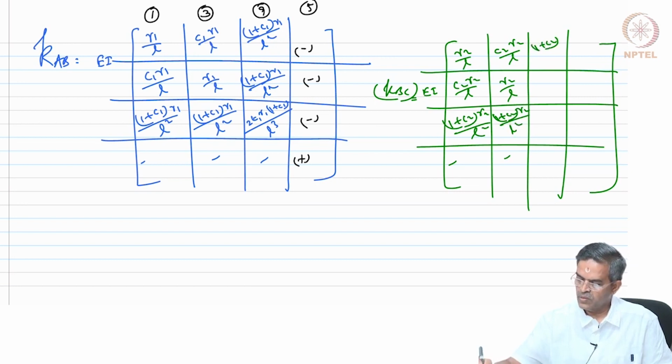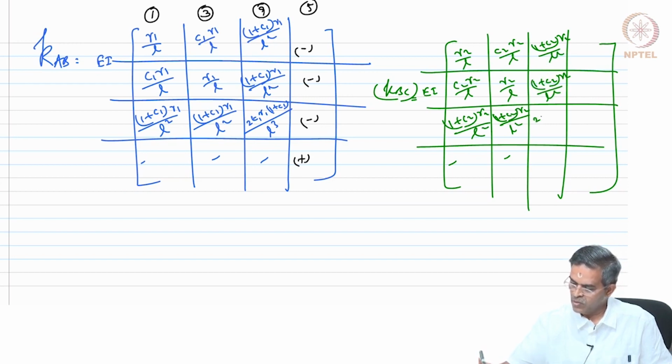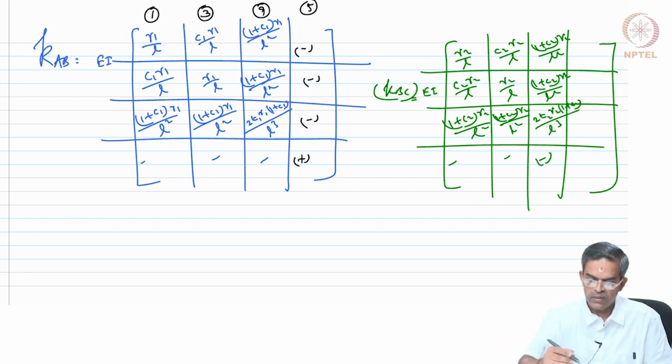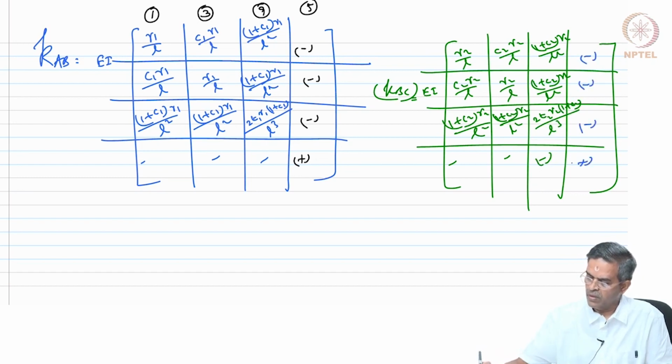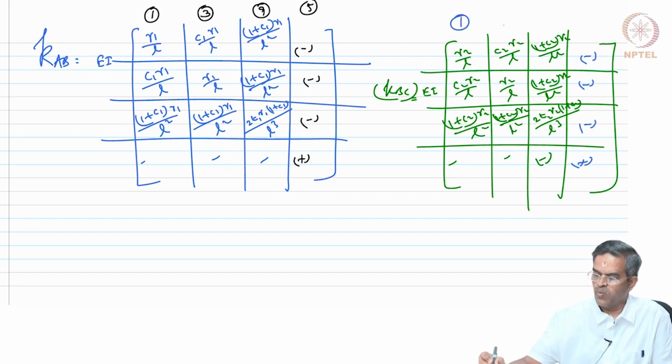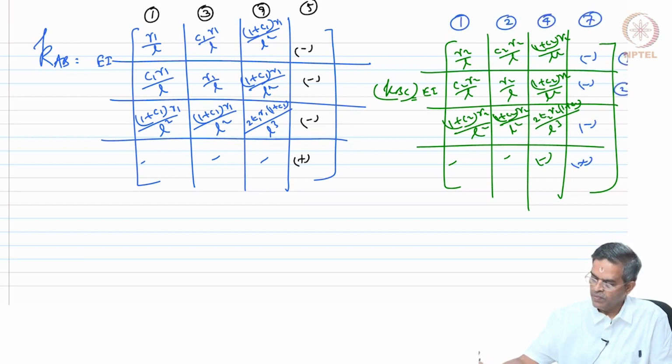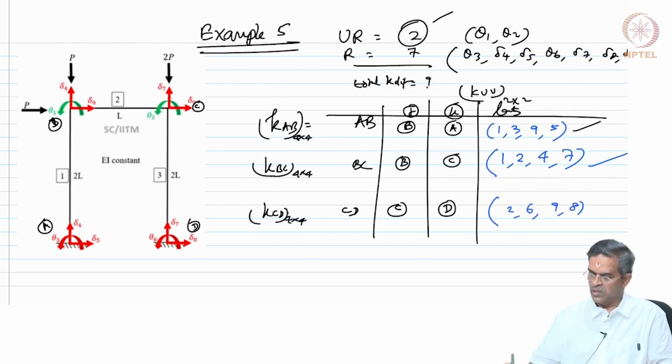So, 1 plus C2 R2 by L square, 1 plus C2 R2 by L square, 2 times of T2 R2, 1 plus C2 by L cube, minus of this, and the fourth column will be negative of the third column. The labels are going to be 1, 2, 4 and 7. You can see here 1, 2, 4 and 7.